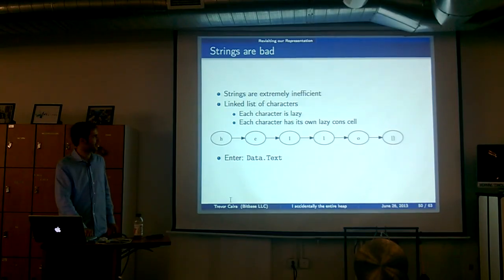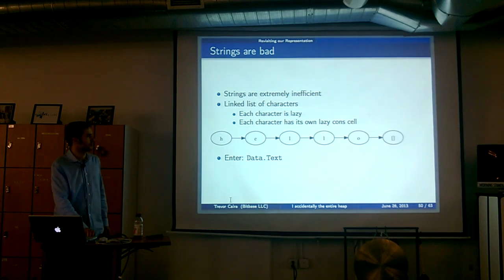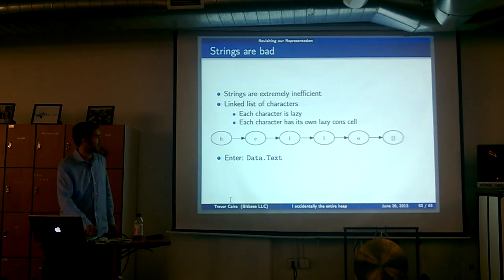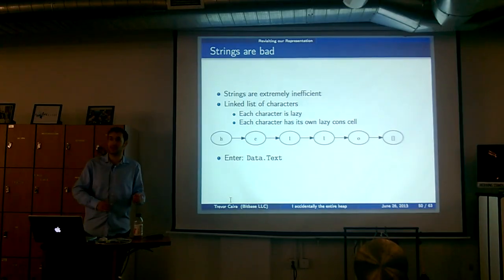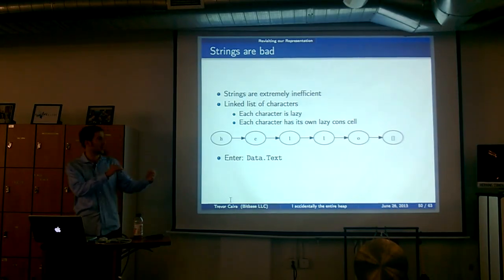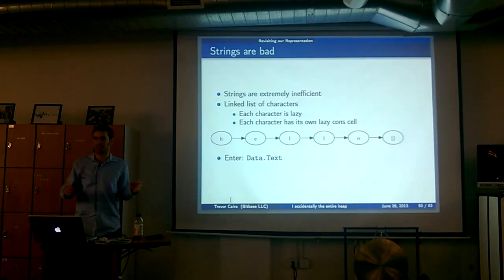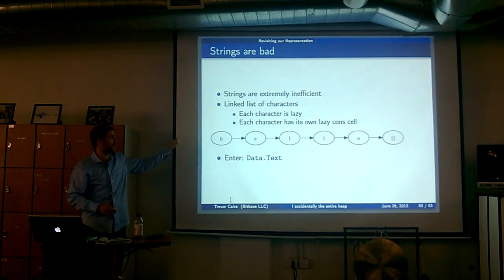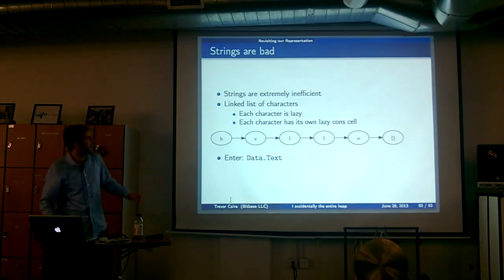We want something that's efficient, and this is represented in a horrifically memory-inefficient way. The reason is that it's a linked list of characters. You've got a cons cell, and you've got a thunk, and you've got another thunk, and you've got a character, and everything's lazy, which means another layer of indirection. And this is not even half the story, actually, it's about a quarter.